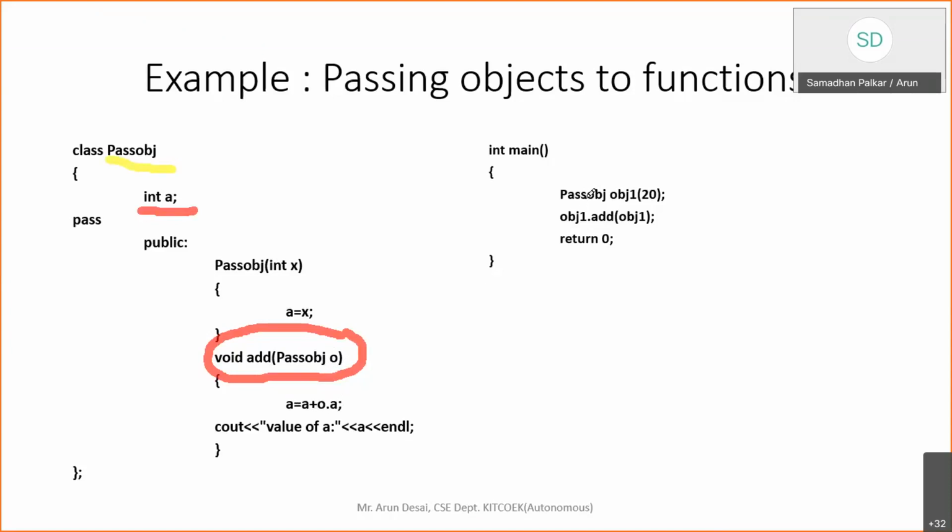And how to call: pass object obj1 is 20, then obj1 dot add, and I'm going to call the same object and pass the same object as a parameter to the add function.